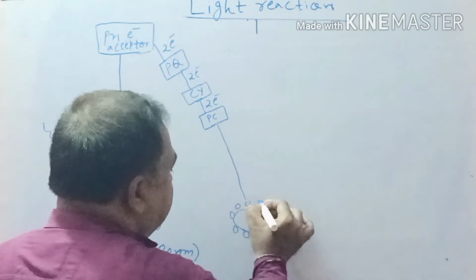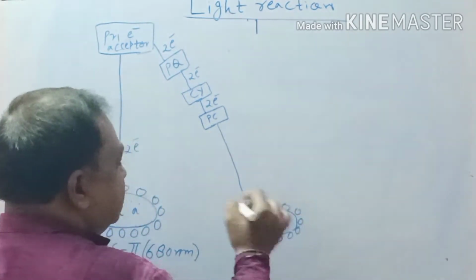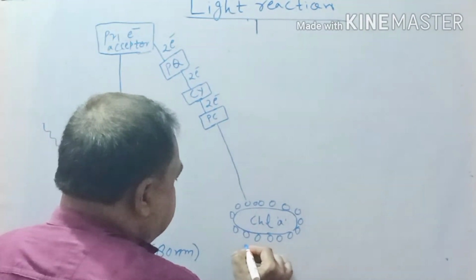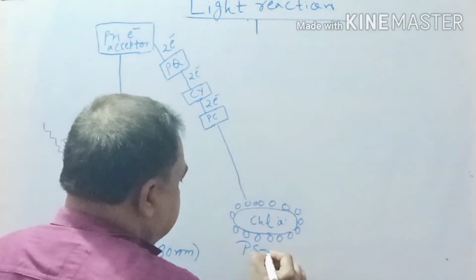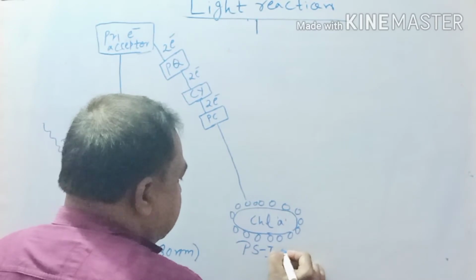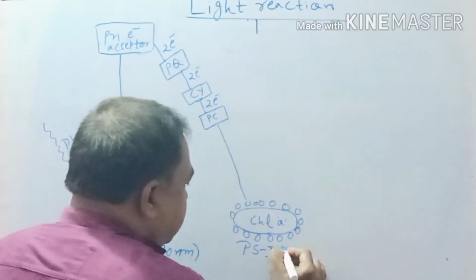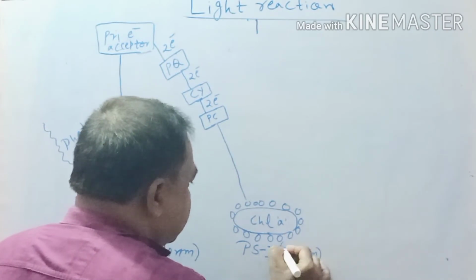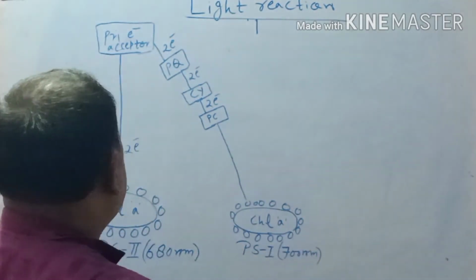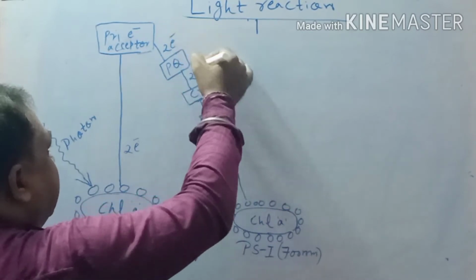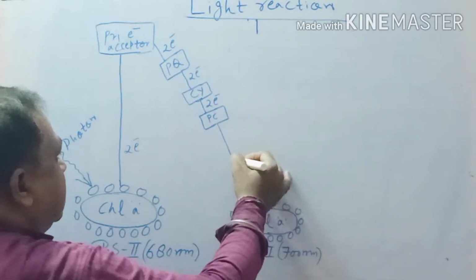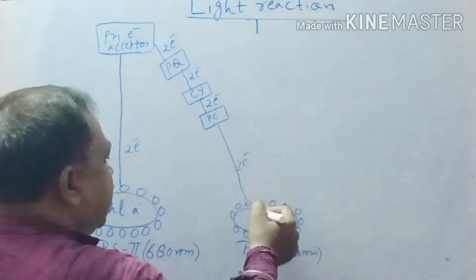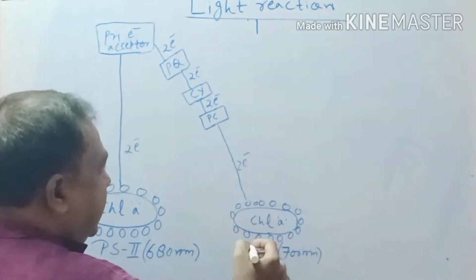These are the accessory pigments around the reaction center or chlorophyll A. Here PS first, that is 700 nanometer, is present. Now the electron pair comes from plastocyanin, then goes to chlorophyll A.